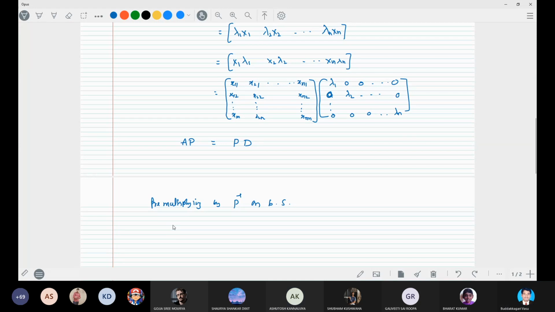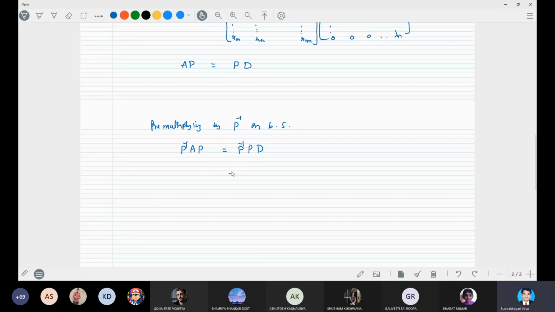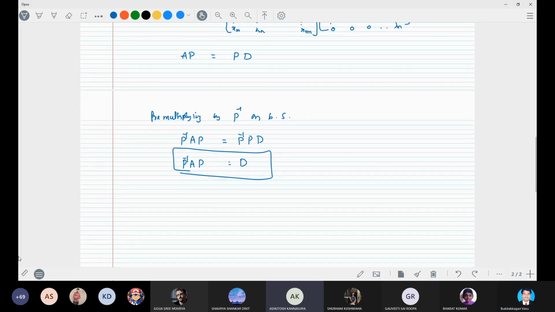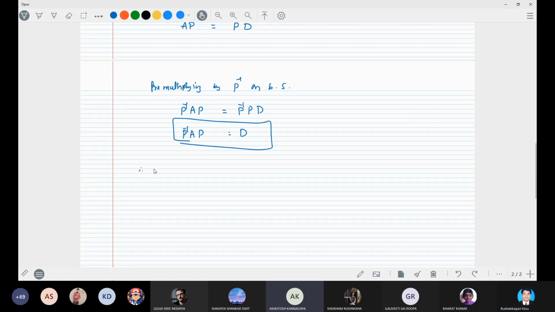Here, P inverse AP is equal to P inverse P into D, right? That is equal to D. Hence, P inverse AP is equal to D, right?